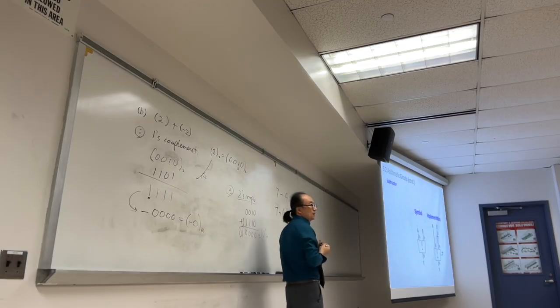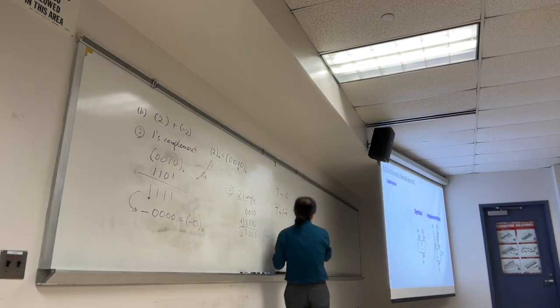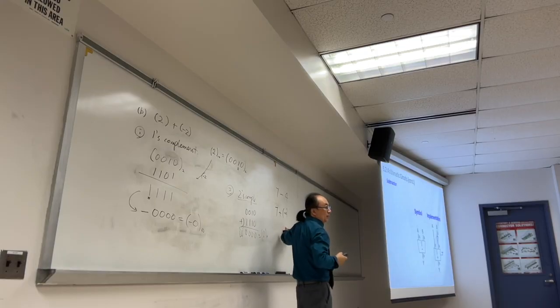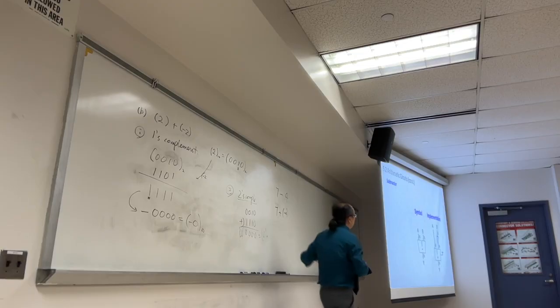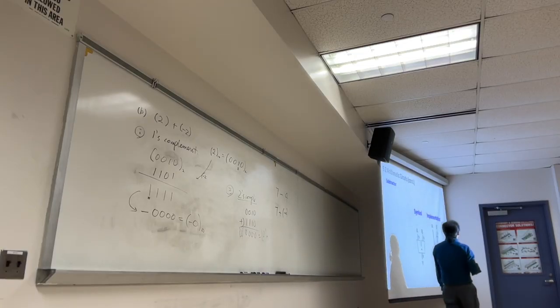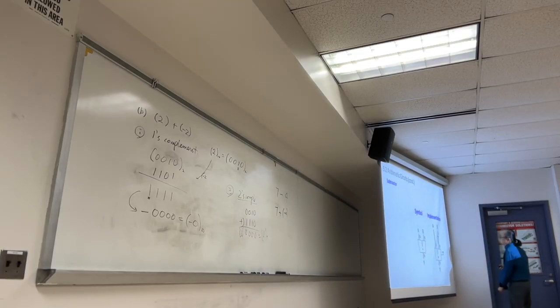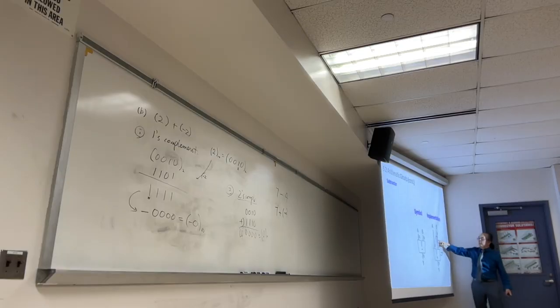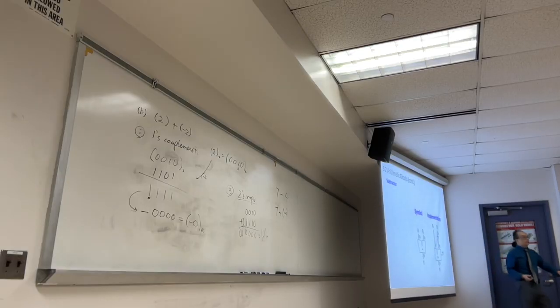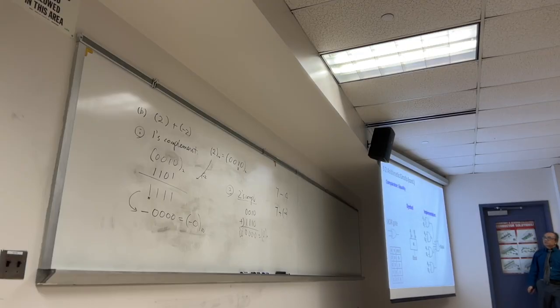So as long as we can find the 2's complement of -4, which is flip the bit and then add 1, right? Then we can do subtraction using the addition. So that's what it is. Okay? So the NOT gates flip the bit for the second number, and then there's adding 1 from here. So we do that.